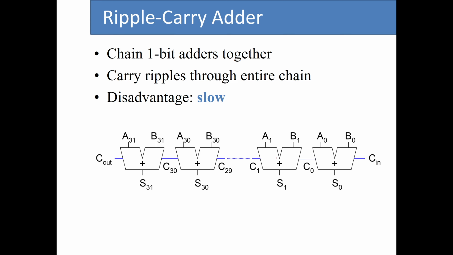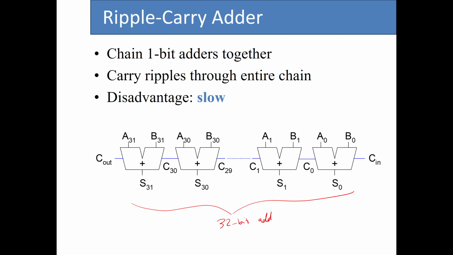Of course, when you have all of these things together, you cannot control that this one performs its functionality first, and this one second, and this one last. What happens is that you have some intermediate result for the values of S1 all the way to, let's say, S31, assuming that this is a 32-bit adder.